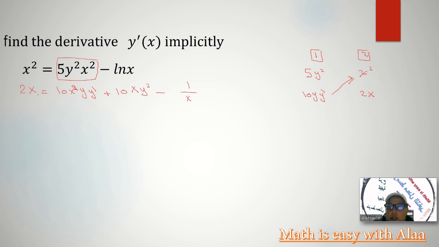Now we will put all the functions that don't have y prime on one side and those which have y prime on the other side. So what we will do here, we will move this one to the other side, and 2x to the right side.